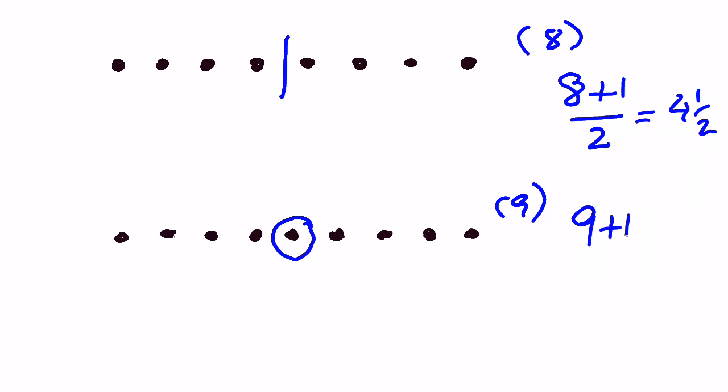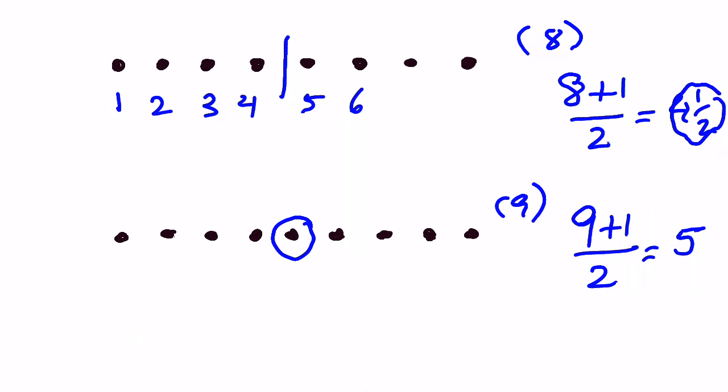9 plus 1 divided by 2. 9 plus 1 is 10, divided by 2 gives me 5. Now if you have a look, this is the first, second, third, fourth, fifth, sixth, etc. value. My 4.5 here tells me that I'm halfway between 4 and 5, and that's where my median value is going to be, halfway between the 4th and the 5th data value.